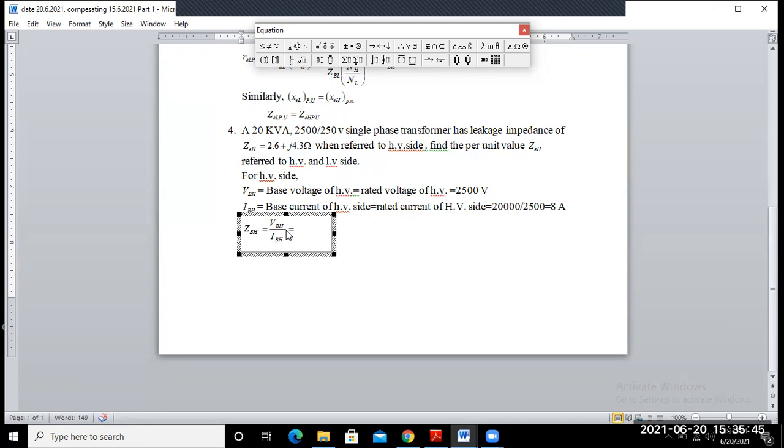VBH is 2500 volt, divided by IBH, which is 8 ampere. When you divide 2500 volt by 8, you get 312.5 ohm.